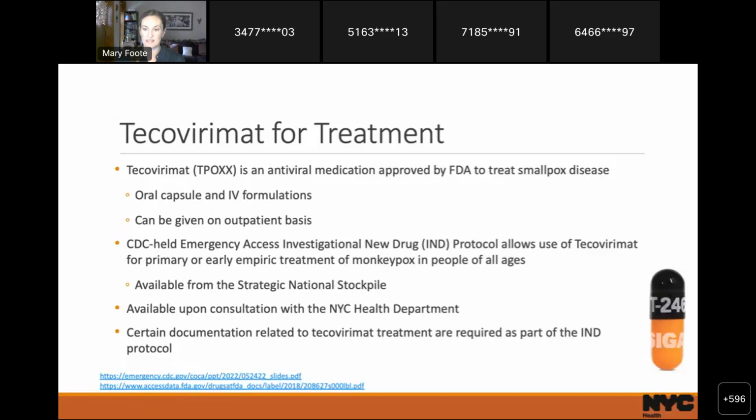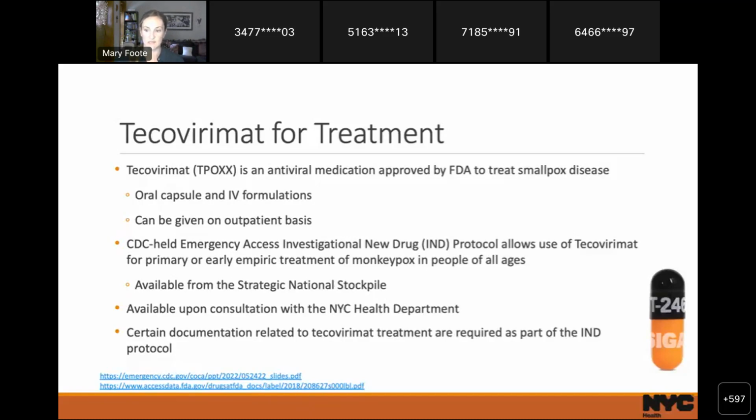So requests to obtain this treatment do need to go through the New York City Health Department. There is some specific documentation because it's part of an IND. So each patient does need to have certain documentation submitted to the federal government. And in consultation with us, we can help you get through that process.